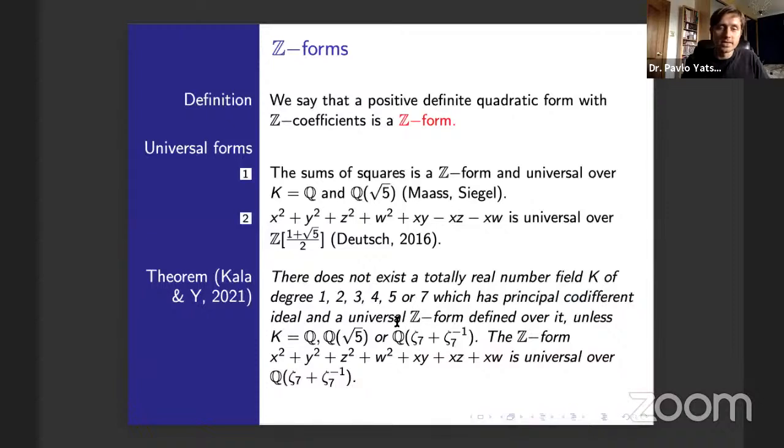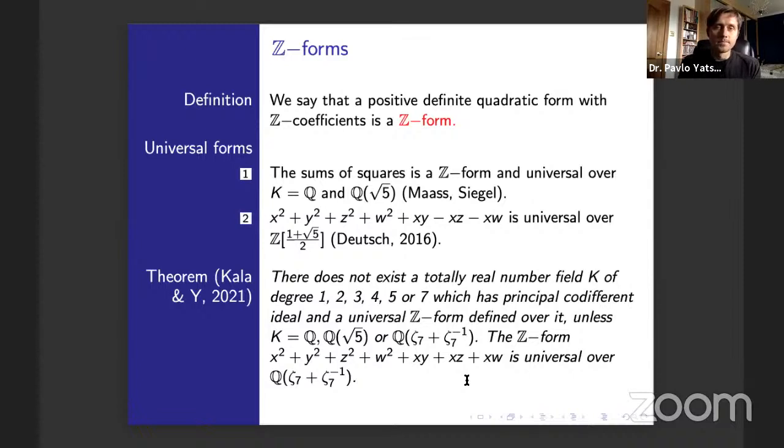There doesn't exist a Z universal form defined over these number fields of these degrees, unless the number field is either Q adjoin the square root of 5, or this maximal cyclotomic number field. And over this maximal cyclotomic number field, we found a quadratic form, a Z form, which is universal.